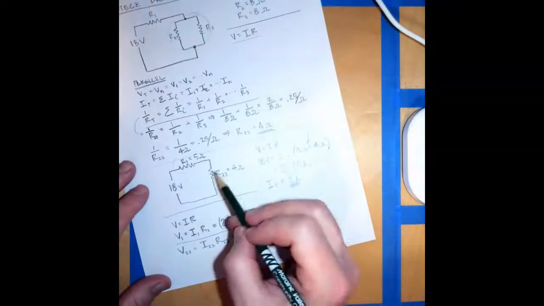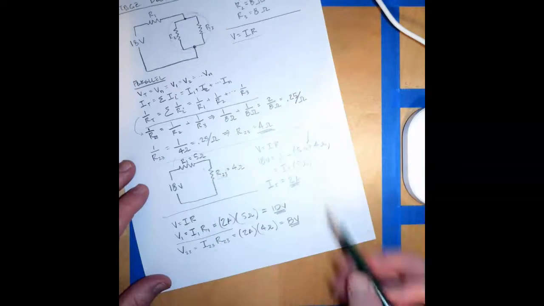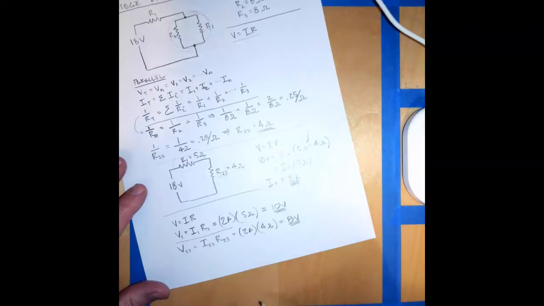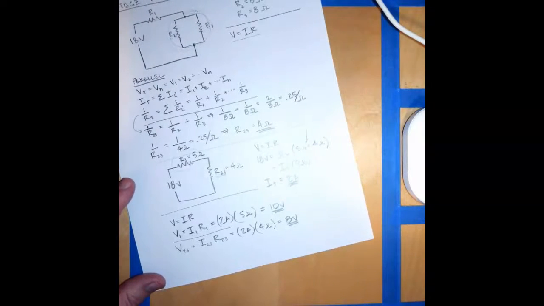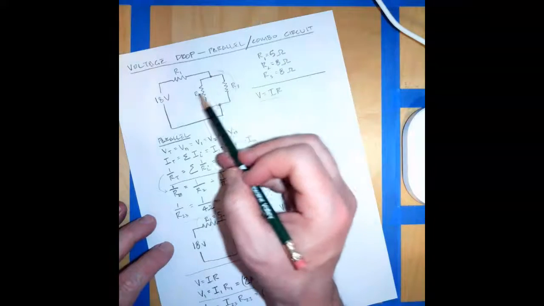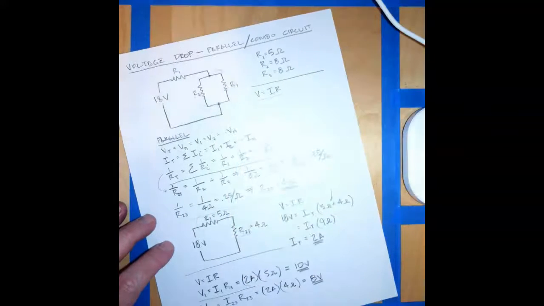The voltage drop across this equivalent resistor is 8 volts. Now, we need to figure out how we're going to get the voltage drop across these individual resistors.